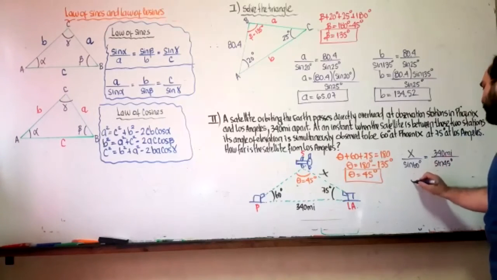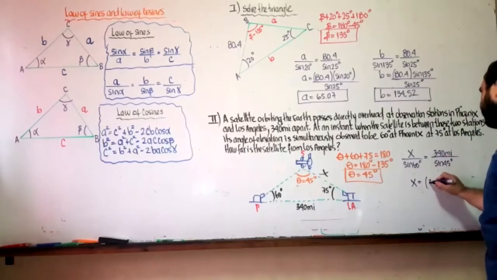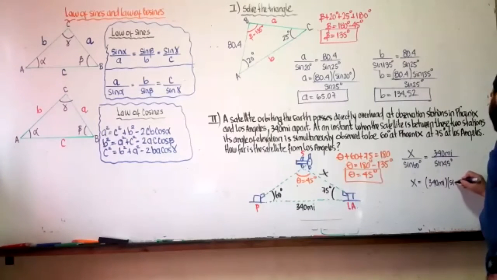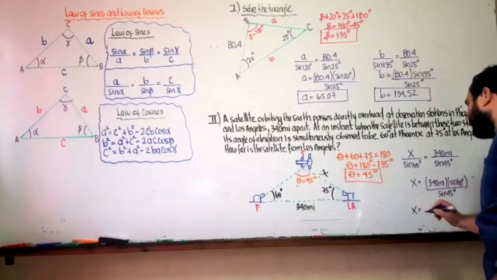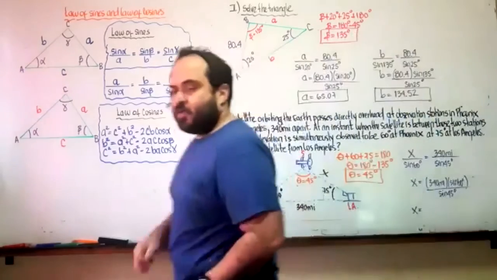In simple words, x equals 340 miles times sine 60 degrees divided by sine 45 degrees.